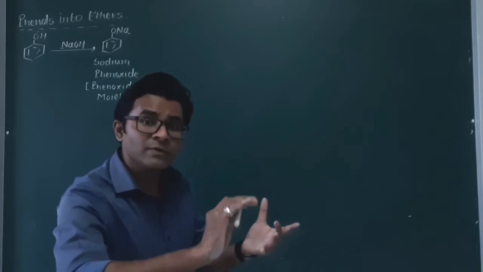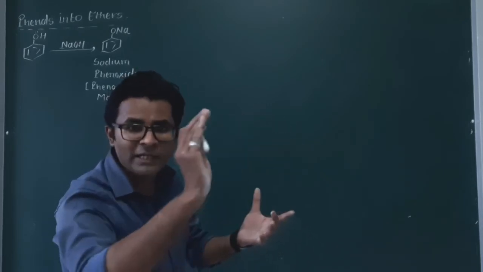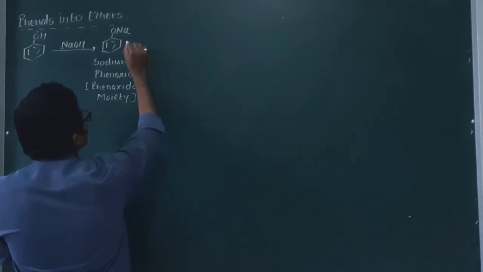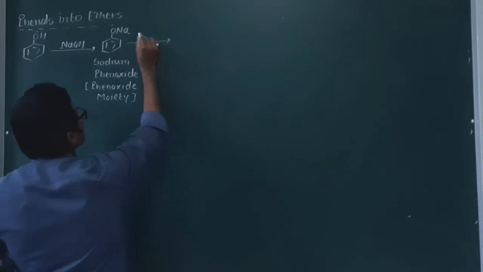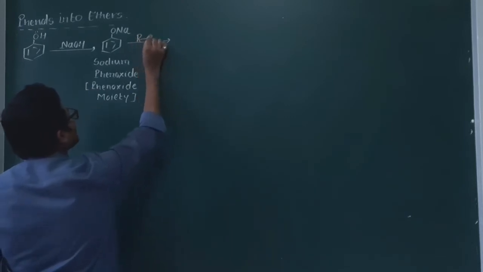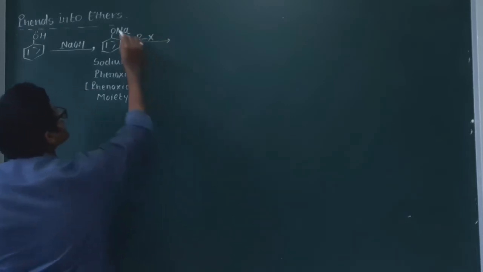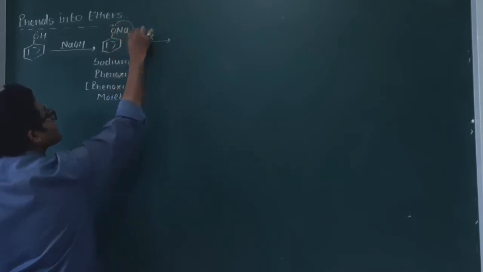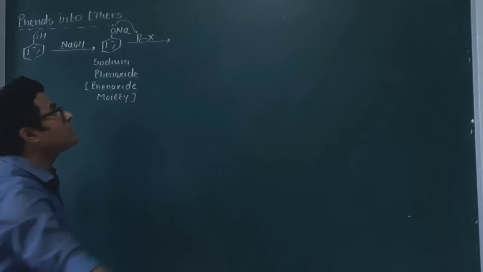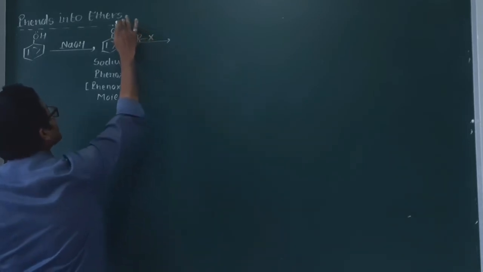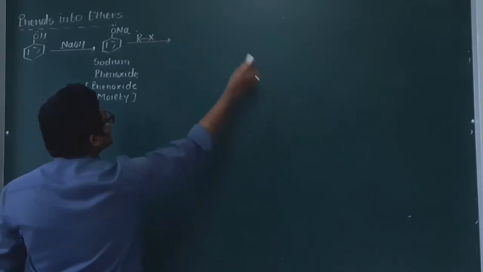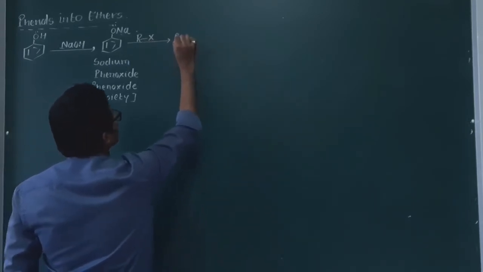It will react with the next molecule, an alkyl halide, let's take RX. The oxygen is going to react with the alkyl group, and sodium connects itself with the halogen to give sodium halide.